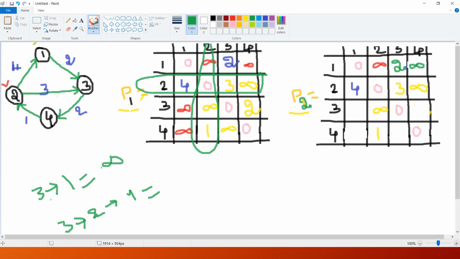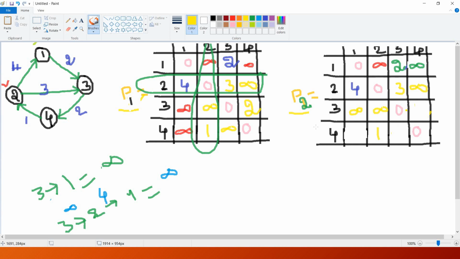There is no direct path, so 3 to 2 is infinite. 2 to 1 is 4. Infinity plus 4 makes infinite. So infinity will remain same.